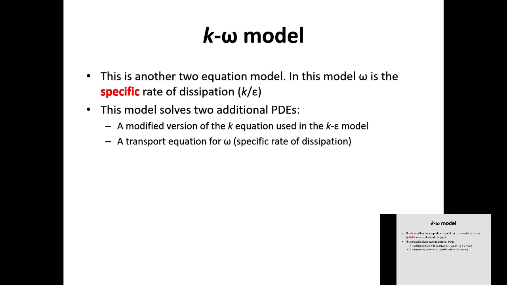So it solves the k equation as well as a transport equation for omega, which is the specific rate of dissipation. So k and epsilon are embedded in the k omega model, and you have an omega as well in addition to k and epsilon.